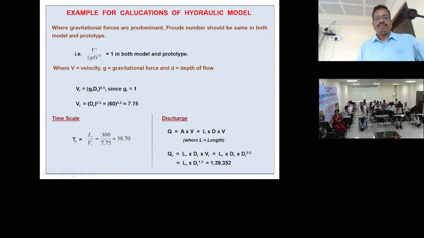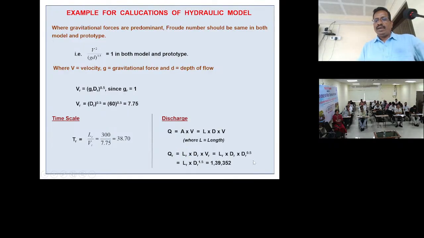And if you put g is equal to 9.81, everyone knows, and square root of g d with the vertical scale, so if you substitute 60 here you can get 7.75. Like that Q discharge you can calculate from the area into velocity. Area you can take L into D and again V you know, square root of D. Like that discharge scale also we have calculated here.